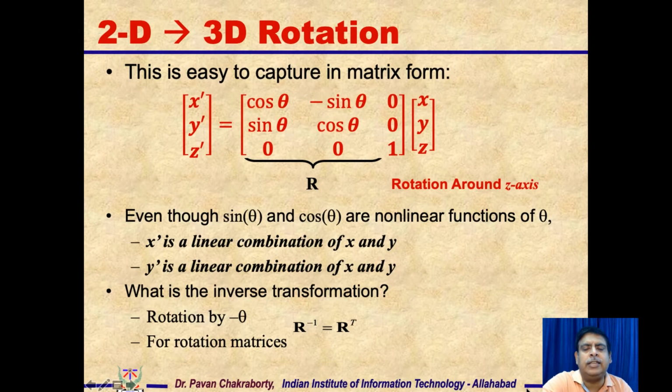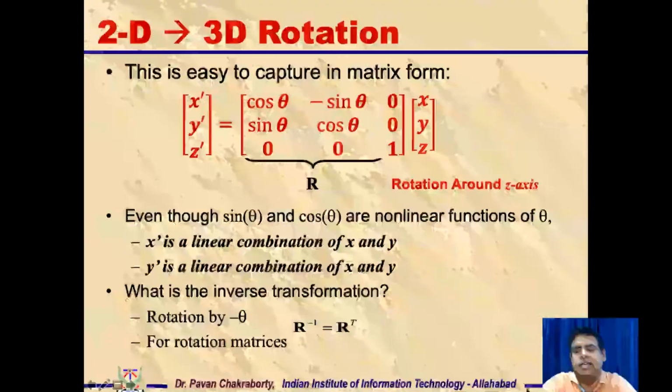There is no change in the z coordinate. There is only change in the x and y coordinates. But what we see here is that we have an axis of rotation around which this rotation takes place. In the previous case, the rotation was around the axis perpendicular to the plane xy. So here again the z-axis is the perpendicular coordinate. The rotation is around the z-axis.